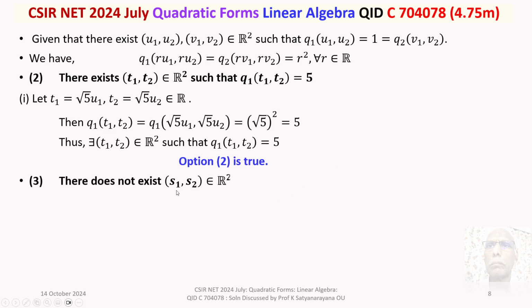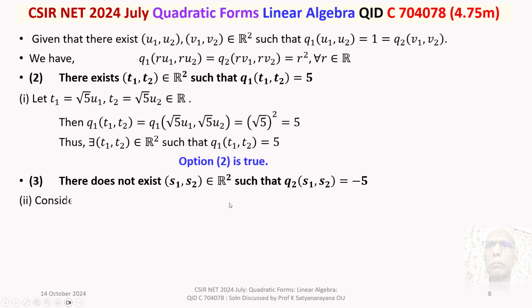There does not exist an ordered pair S1 comma S2 belonging to R square such that the value of Q2 at S1 comma S2 ordered pair is minus 5. So that means you have to identify a quadratic form wherein this is true.